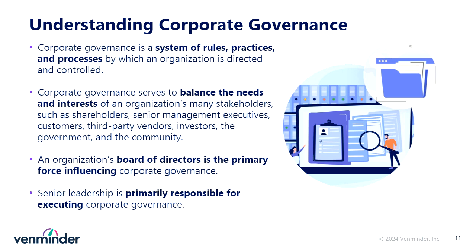Again, it's typically defined by key stakeholders like your board of directors who influence it, but it helps to serve as a guidepost for how to balance the needs and interests of an organization's many stakeholders, such as the shareholders, executives, customers, vendors, investors, the government and regulatory bodies, and obviously also the community. So senior leadership acts on what the board of directors define on a governance structure basis.